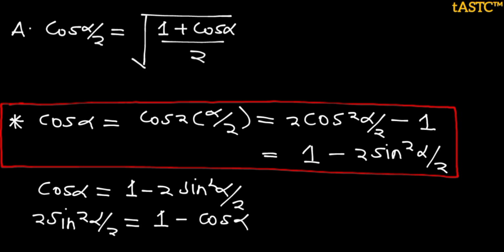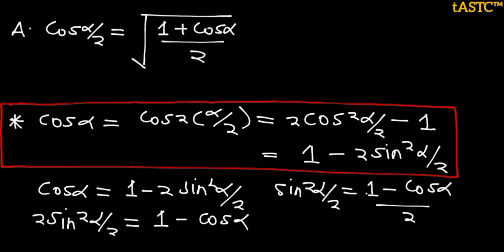Next, I'm going to take this 2 away from here, and that should leave us with sine squared alpha divided by 2 equal to 1 minus cos alpha, all divided by 2. If you have sine squared alpha divided by 2, that is the same thing as sine alpha divided by 2, all squared. So we're on track.